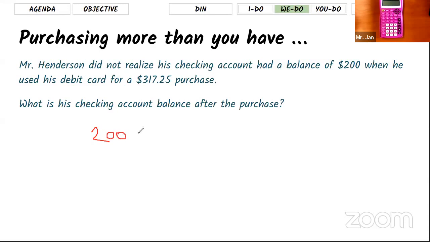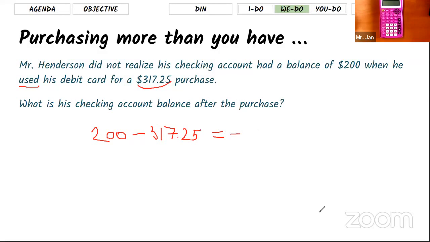When he used, it means subtraction. When he used his debit card for a $317.25 purchase, as you see, he spent more money than he has. What is his checking account balance after the purchase? Because if you're subtracting a bigger number from a smaller number, it has to be negative.